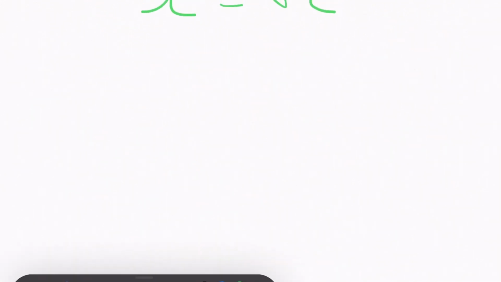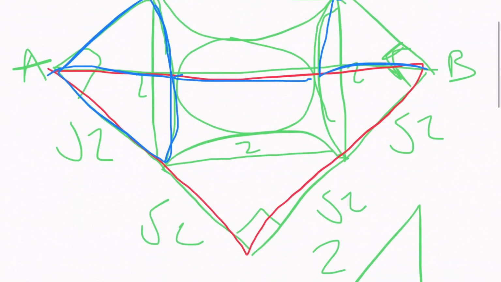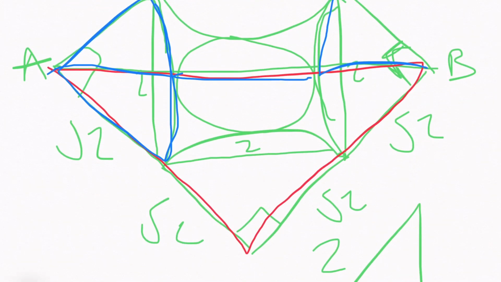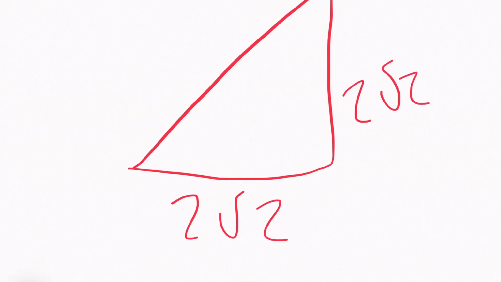So if we draw the red triangle again, we basically have our base, which is 2 lots of root 2. So that would be 2 root 2. And then our height would be the same as well, so 2 root 2. And then c squared basically here.